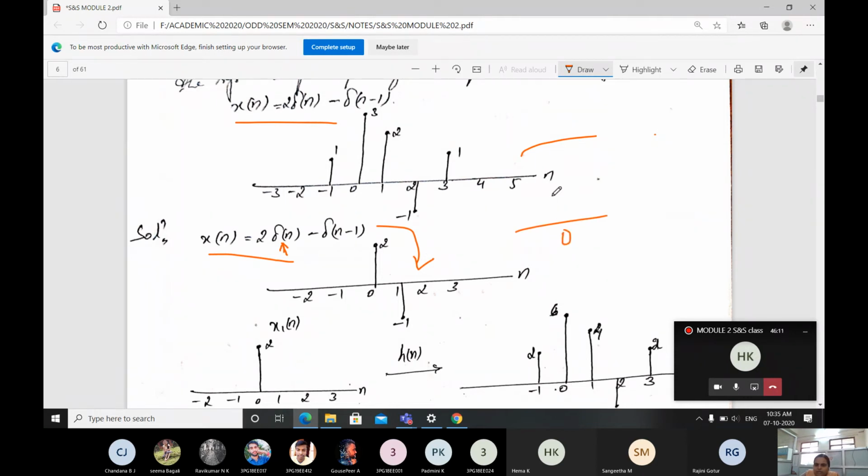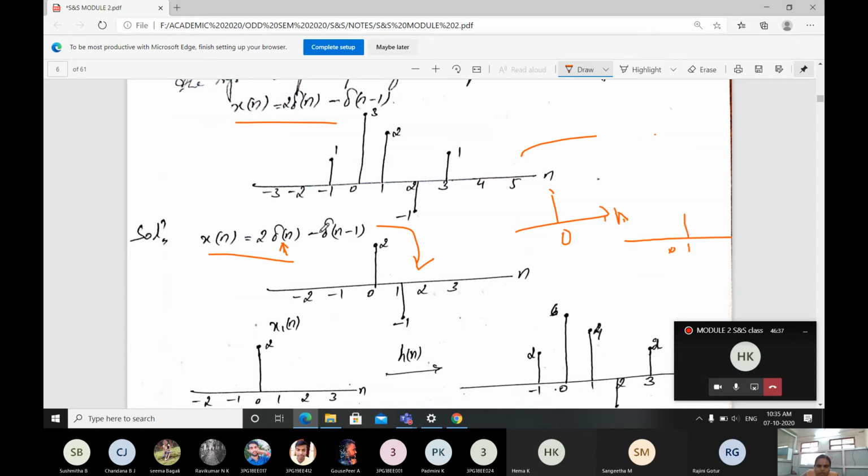The amplitude is multiplied by 2, so the value is 2 at 0. Then the second term is shifted by 1 position, since delta of n is shifted by 1 from 0.